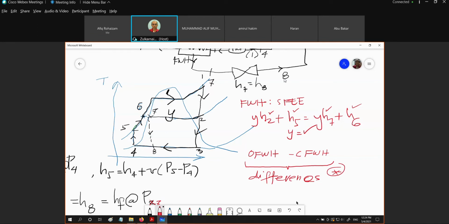Name 3 differences, or 2 differences, between the open and closed feed water heater.